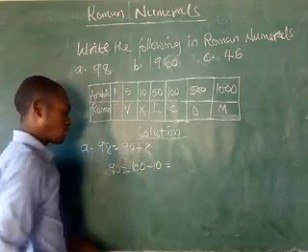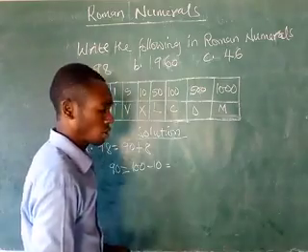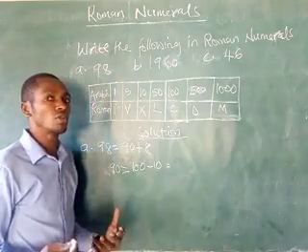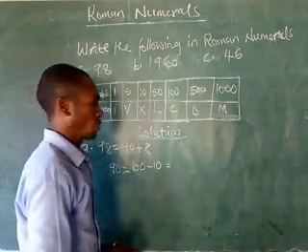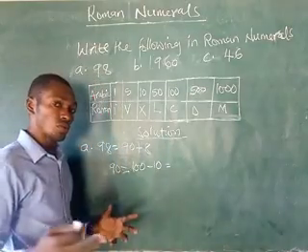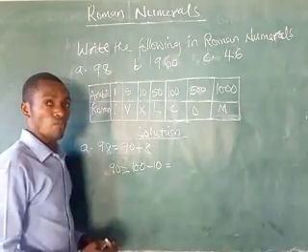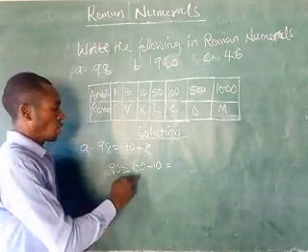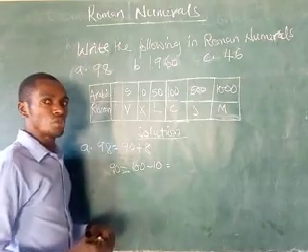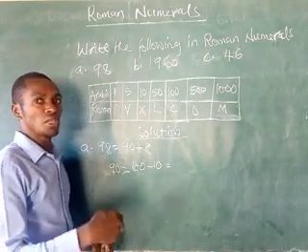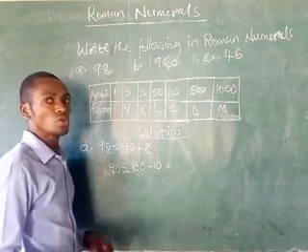Don't forget, according to the laws we gave on Roman numerals in our previous videos, if you have a smaller Roman numeral before a bigger Roman numeral, what you have to do is to subtract.